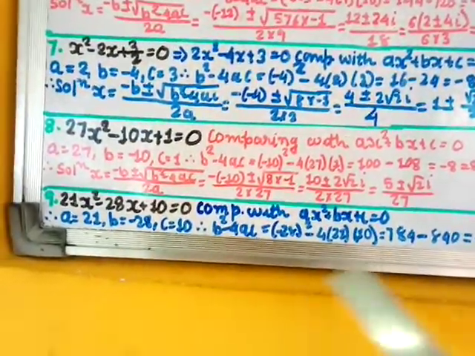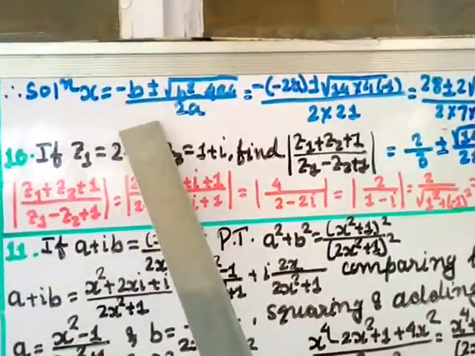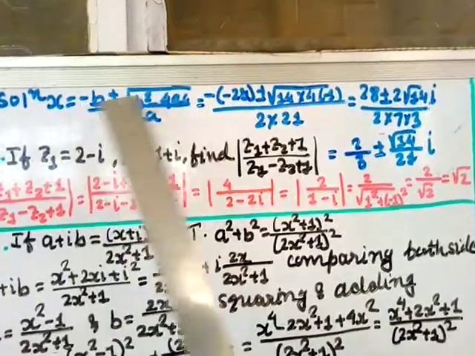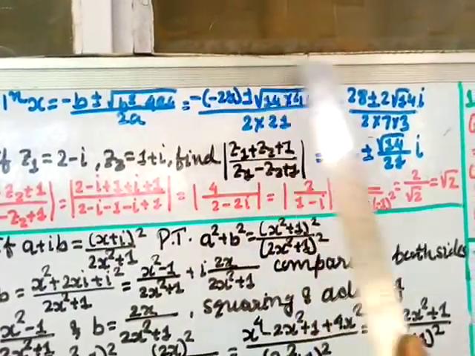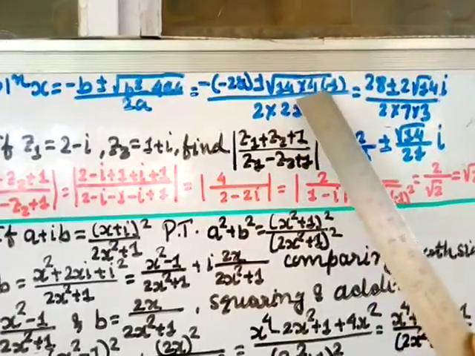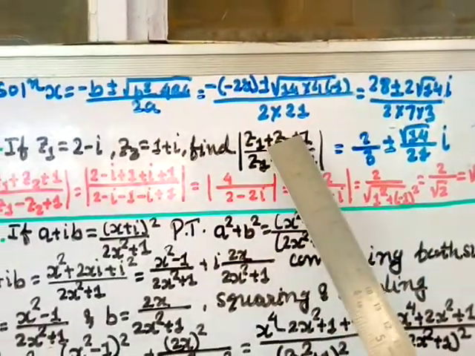So we found b square minus 4ac. Now the solution x is equal to minus b plus or minus under the square root b square minus 4ac by 2a, equal to minus b value, minus 28, so plus 28, plus or minus square root of this value, minus 56, we got, right? I am just writing the factors to take out the square root: square root of 14 into 4 into minus 1, divided by 2 into 21.